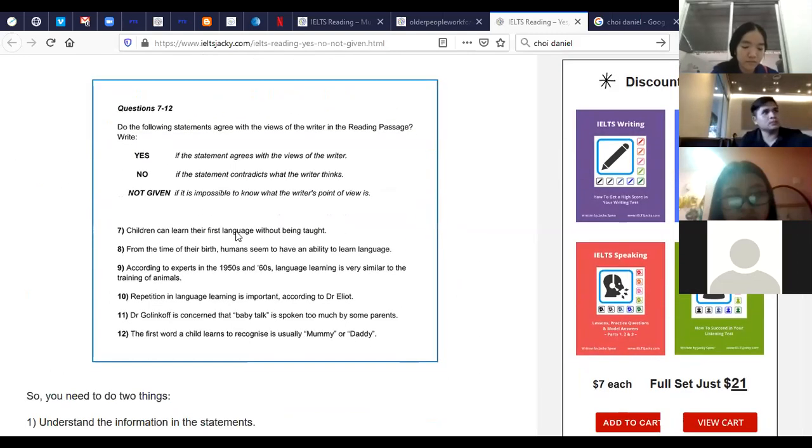For example, it will look like this when you get your IELTS reading paper, on questions like 7 to 12. Do the following statements agree with the views of the writer in the reading passage? Yes means it agrees, no means disagree or contradicts, and not given means we cannot tell. We've got 5 or 6 sentences here.